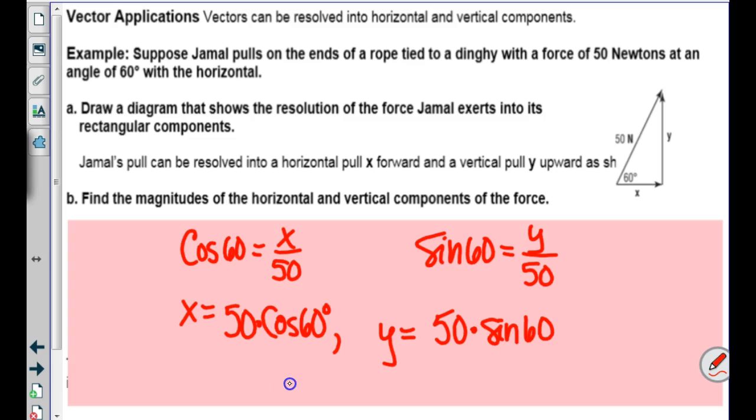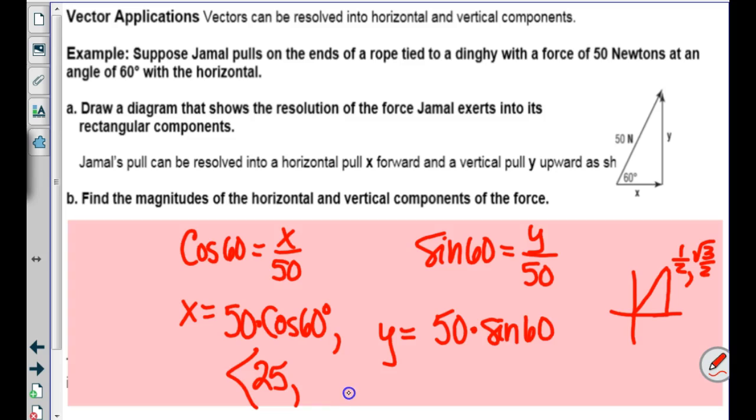Anybody know in their head which of those values is 1/2 and which is square root of 3 over 2? If you're at 60 degrees, you're up here, so you went over a little bit and up a lot, right? So it would be 1/2 here, which would make that 25. And the y would be square root of 3 over 2.